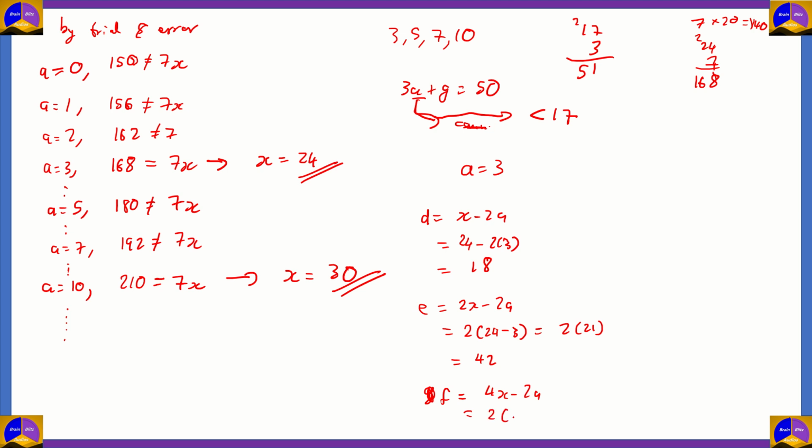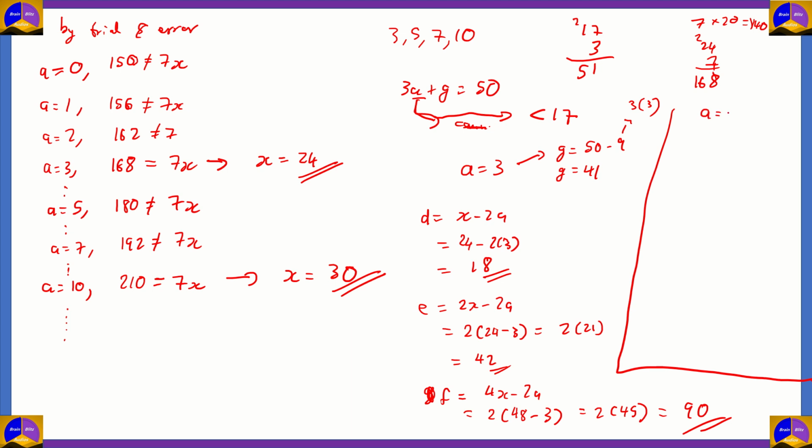So that would also be 2 times 48 minus a, which would be 3. So 2 times 45, which is equal to 90. So F is 90, E is 42, and D is 18. This would also mean that G will be equal to 50 minus 9. 9 is 3 times 3. Therefore, the value of G would be equal to 41. This is scenario number 1.